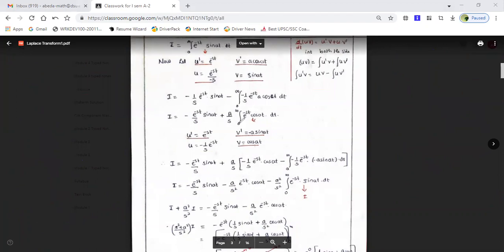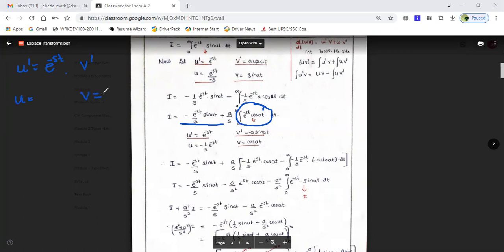So now again, this is fine and this is again the same type. What we were having, e to the power minus st, instead of sine I'm having here cos. So again you use u dash. What is my u dash here? It is e to the power minus st. And I don't know about v dash, I don't know about u, and I know about v.